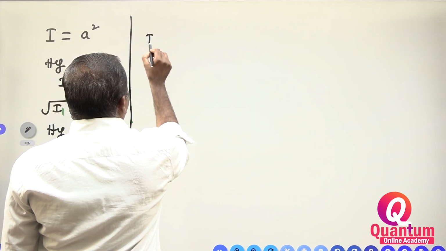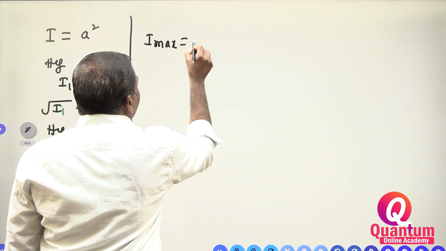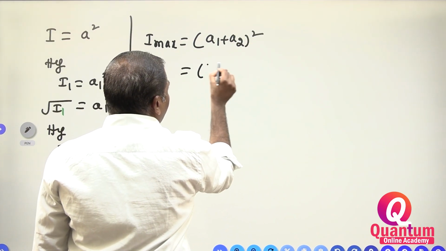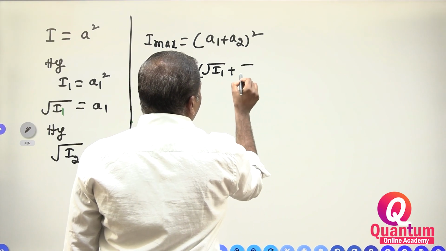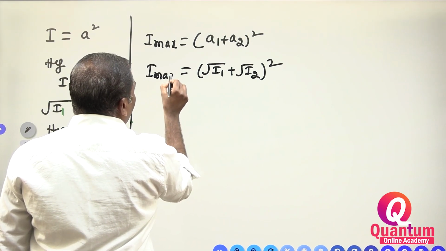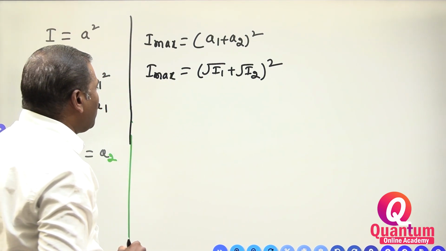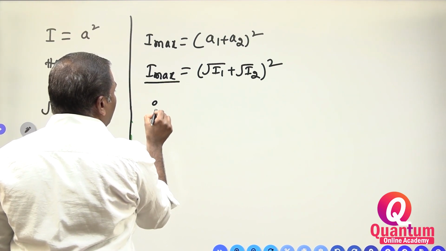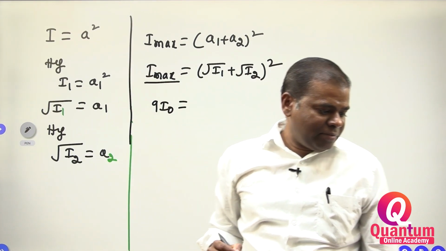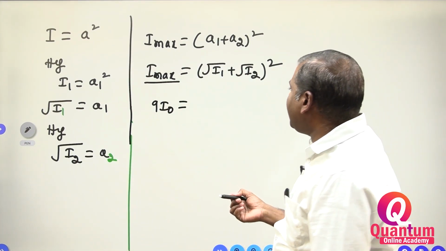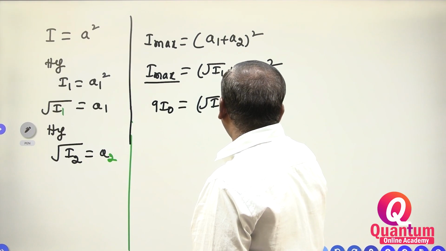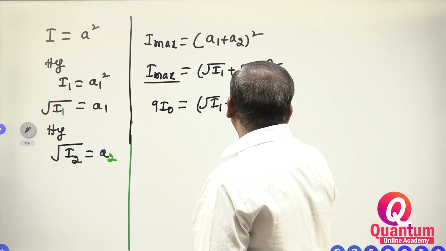Now you have to see. I maxima is equal to (A1 plus A2) whole square is the formula. A1 is the square root of I1, so I maxima is (square root of I1 plus square root of I2) whole square. I maxima they are giving as 9 I naught. So 9 I naught is equal to (square root of I1 plus square root of I2) whole square.